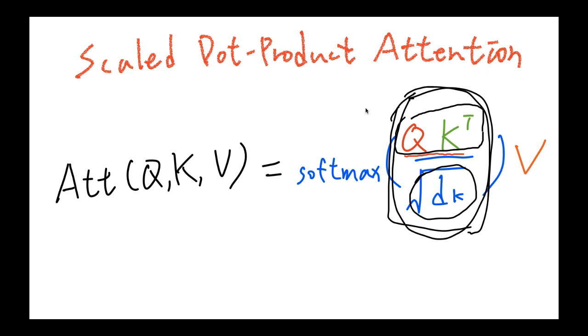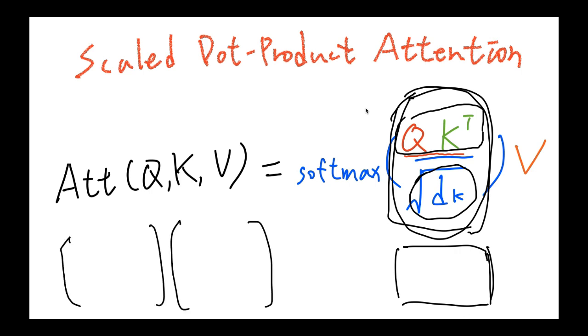Because this Q is actually a matrix, this K is also a matrix, so you have the matrix of dot products, because you do the dot product operation between matrices.